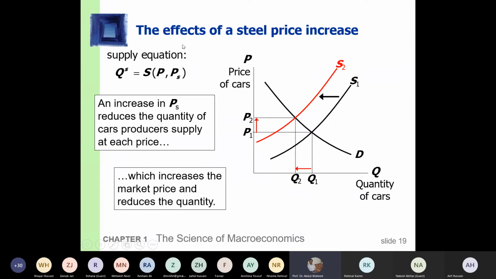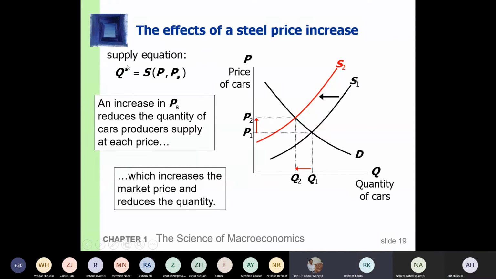Dependent variable. Which variable is the dependent variable? Price is the dependent variable, sir? Price is not the dependent variable.